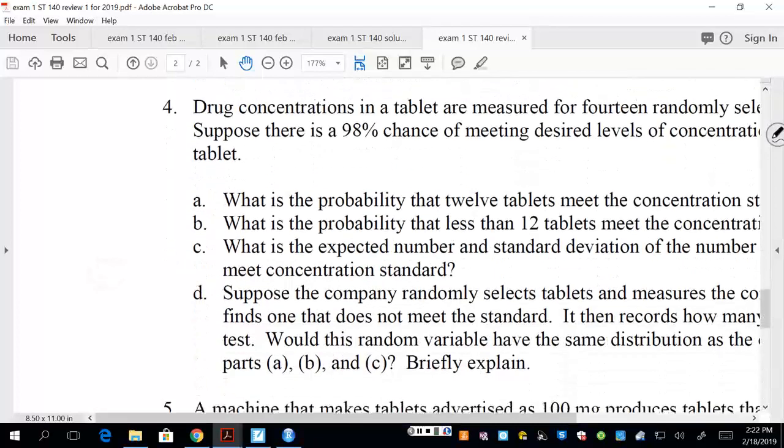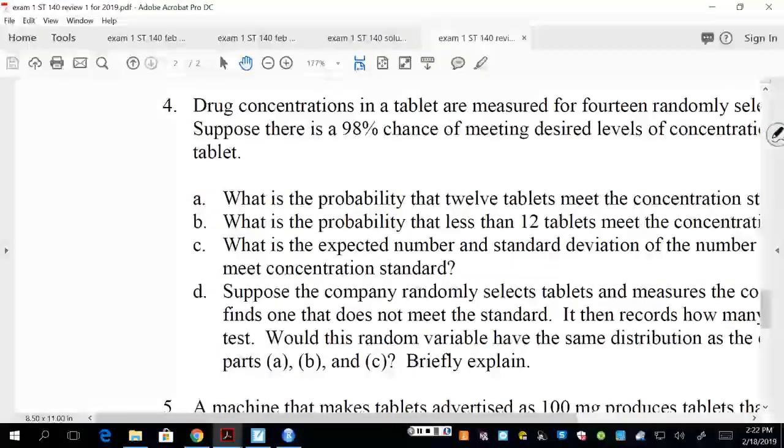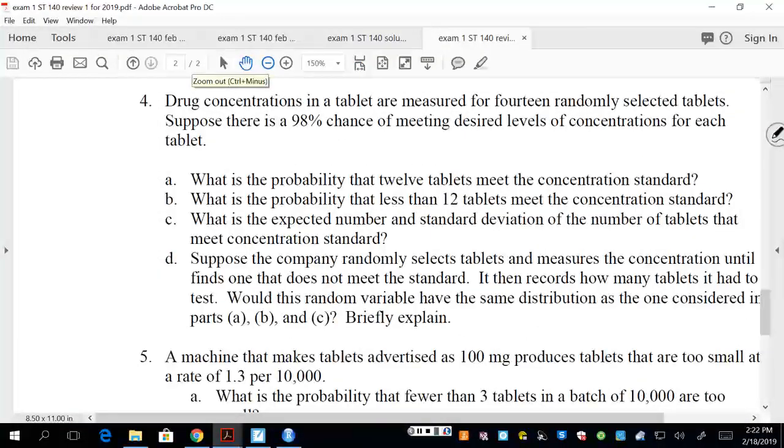So then it asks, this one's about drug concentration. The tablets are measured for 14 randomly selected tablets. Suppose there's a 98% chance of meeting desired levels of concentration. And what's the probability that 12 tablets meet a concentration standard? What type of problem does that seem like?